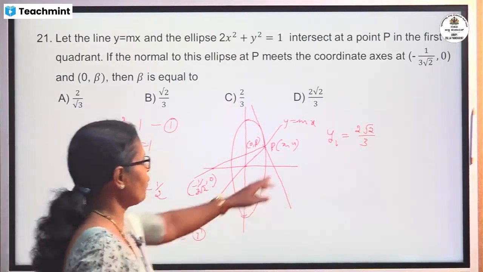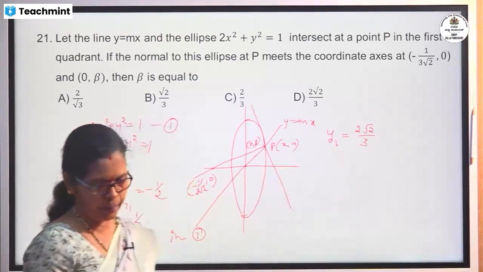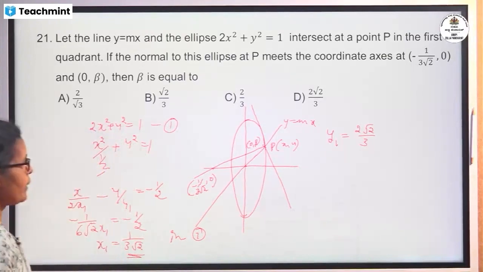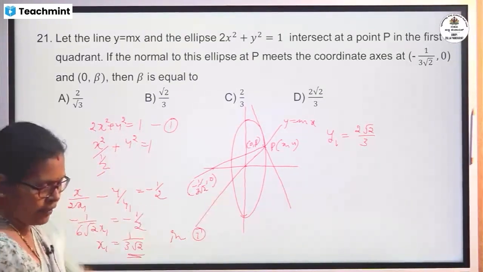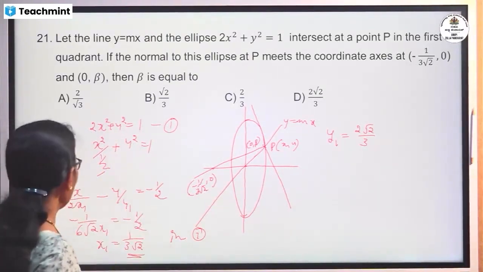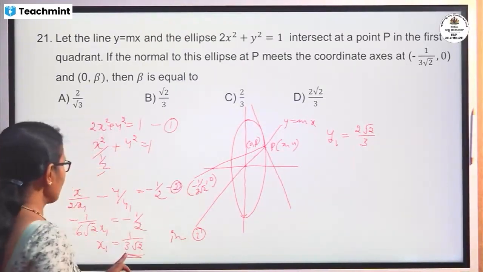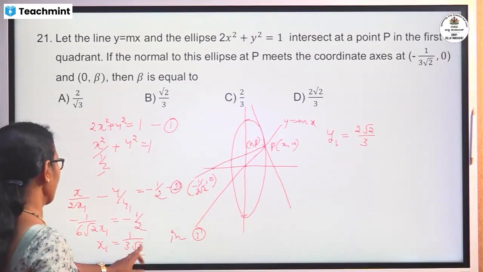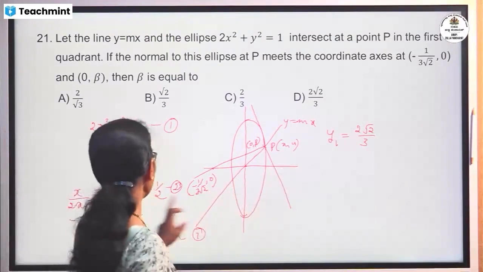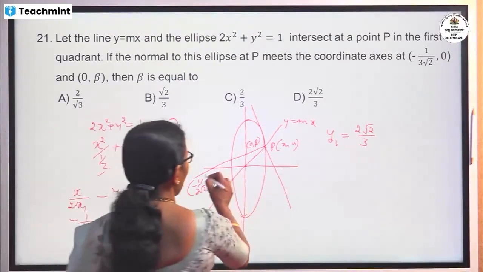Then we get y1 is equal to 2 root 2 divided by 3. Now this x1, y1, we get two values. Substitute in equation 2, this equation.